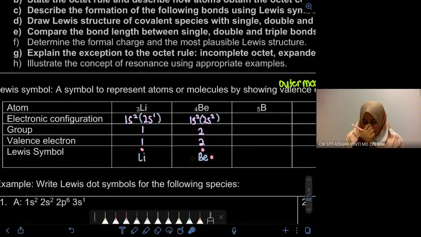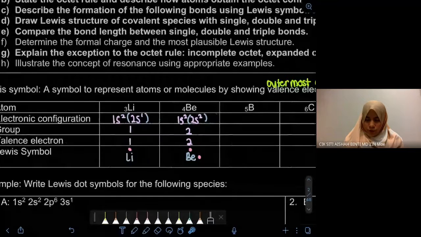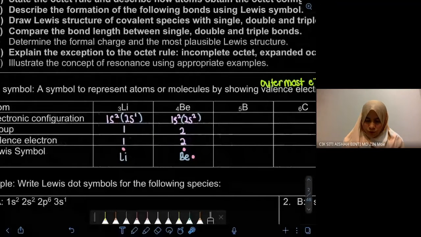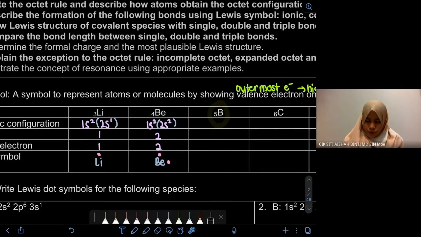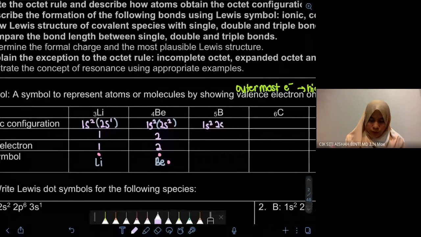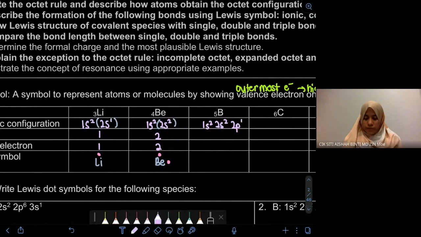Okay. So contohnya kita tengok boron pula. Okay, boron it's 5. So dia punya electronic configuration 1s2 2s2, so sekarang ni kita dah start lah dengan 2p1. Okay, sebab dah ada 5 electron kan. Okay, so what is actually the valence electron?